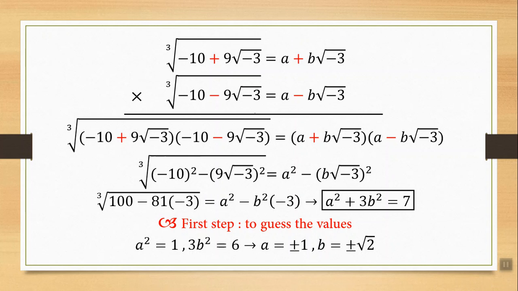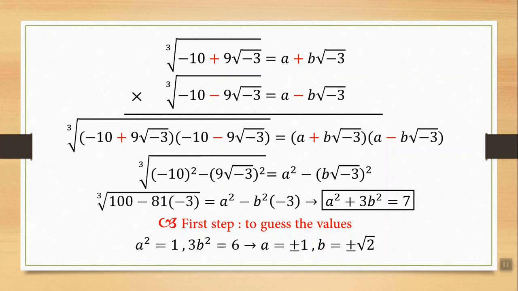And our second cube radical, the cube root of negative 10 minus 9 the square root of negative 3 equals a minus b the square root of negative 3. Then we can multiply these two expressions to reach the last expression, a squared plus 3b squared equals 7.